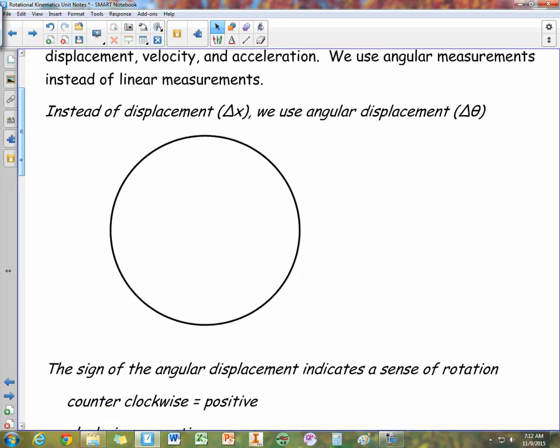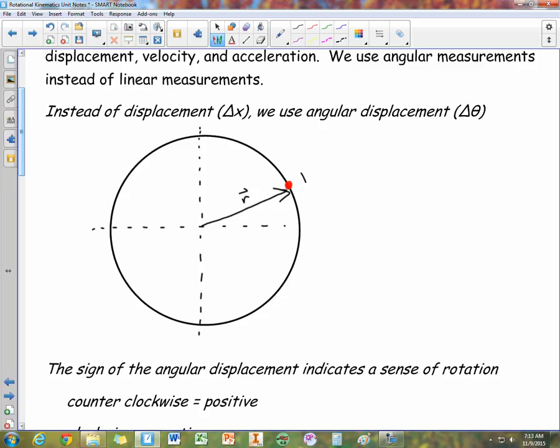So instead of using a delta x, we're going to use an angular displacement, delta theta. So let's take a look at, again, another circle here. We're going to be looking at a lot of circles for this unit. And let's say I have my point right here. There would be a displacement vector right here, and I would call this displacement, let's say, r.